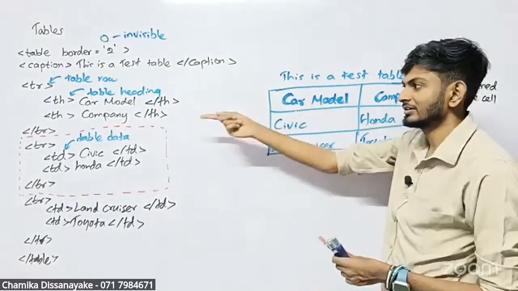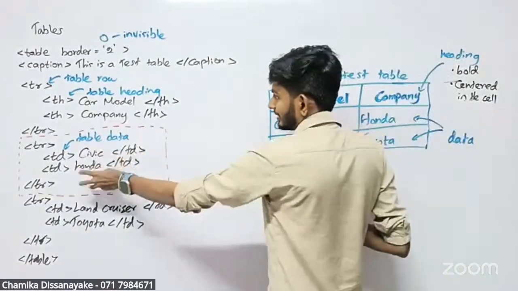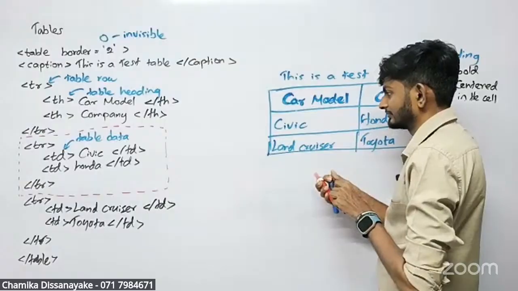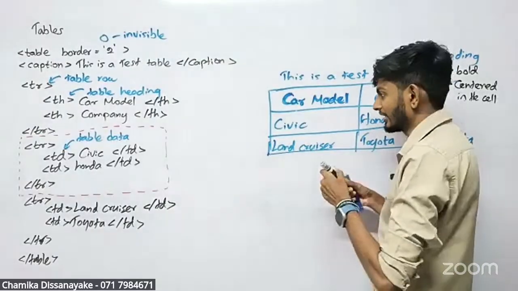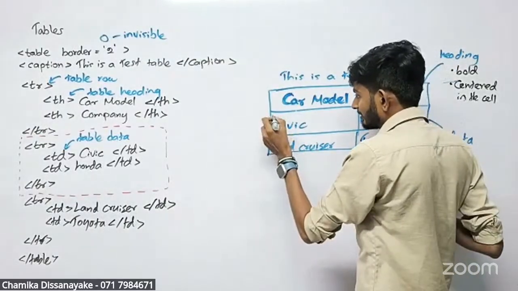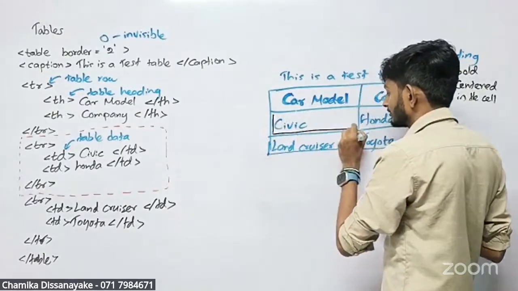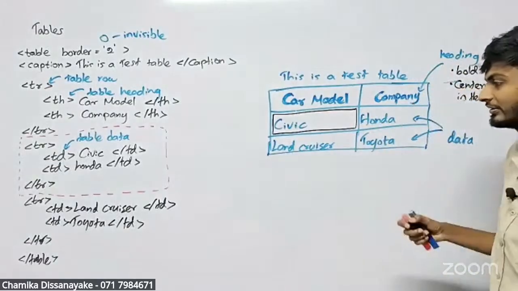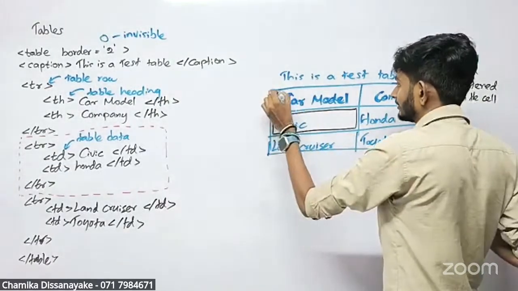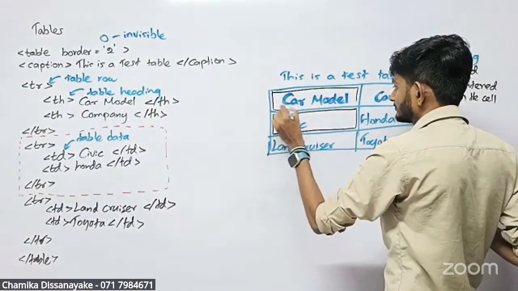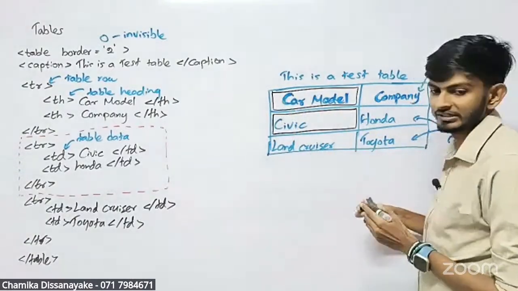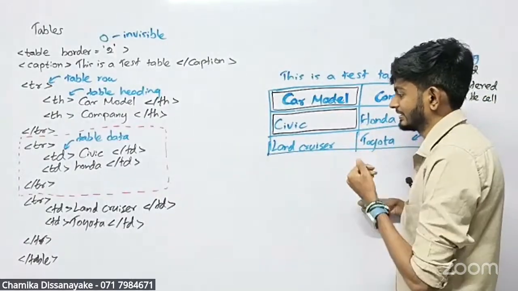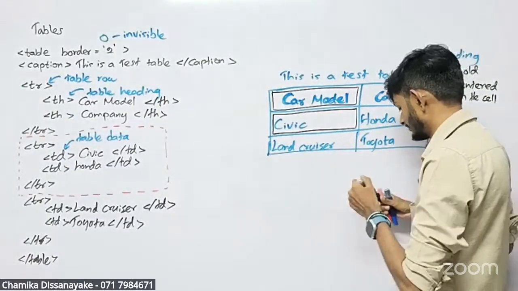So when I create a table data or table heading, it will be created as another cell, which means we have another border here likewise. Okay, for all of them, we have another border. This is the correct method. So if I didn't include it, let me show you.